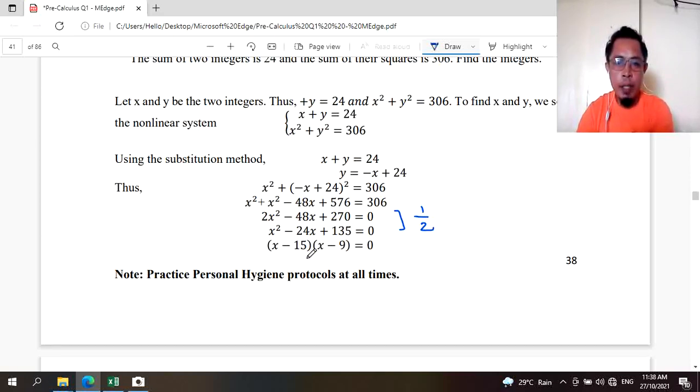To check it, the middle term should be negative 24. We get the product of negative 15 times x, that is negative 15x, and negative 9 and x, that is negative 9x. Get their sum, and we have here the middle term. So our factors here are correct.